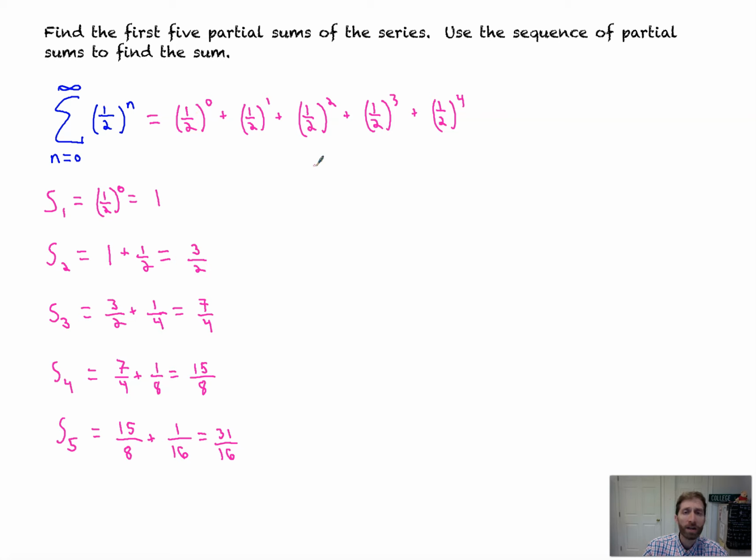Now, in terms of using the sequence of partial sums to find the sum, the sequence of partial sums is as follows: 1, 3/2, 7/4, 15/8, and 31/16. Now the question is, what is the pattern here? Because these are the partial sums.